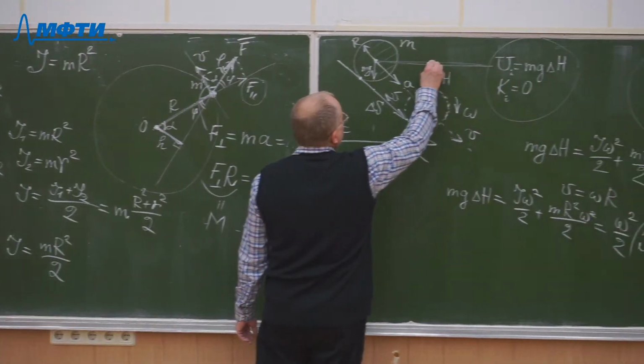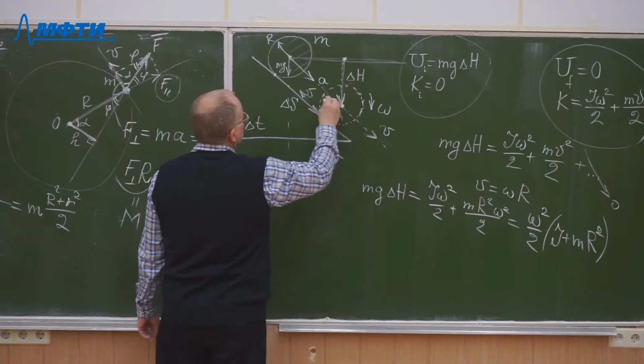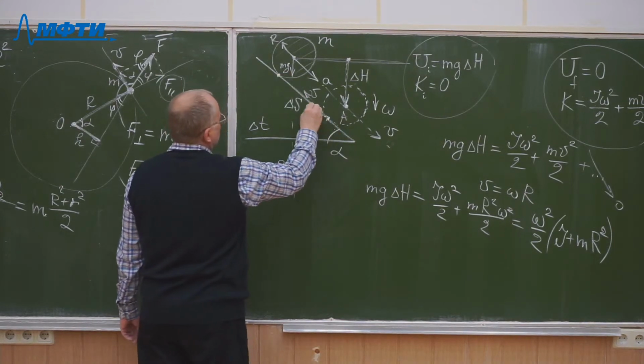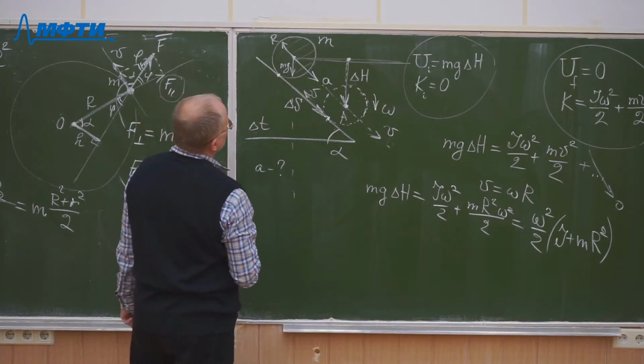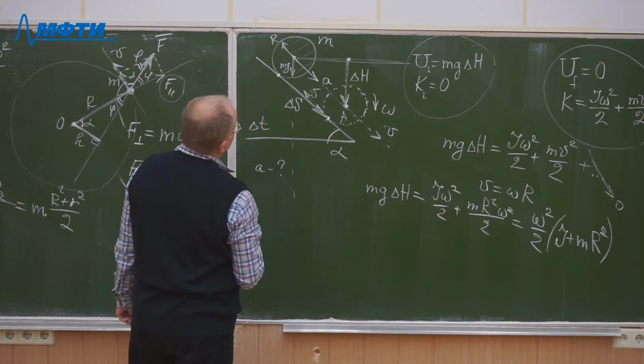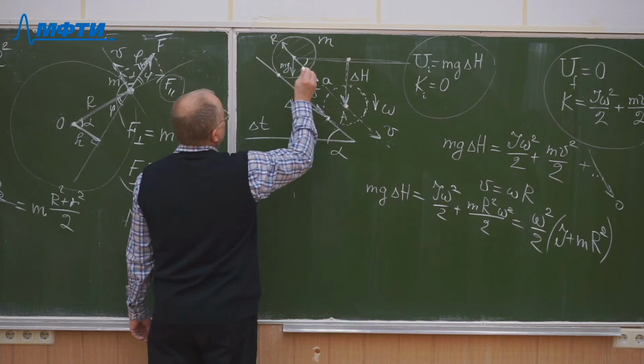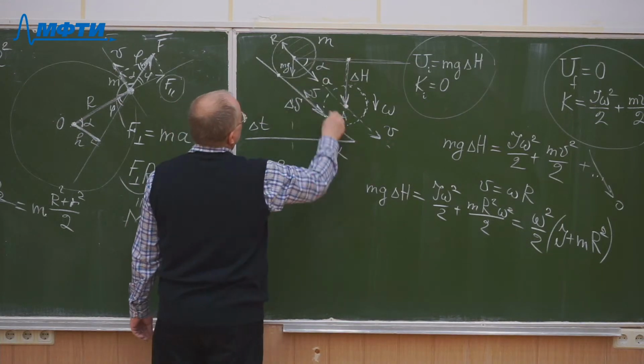Also, if the center of mass went down by delta H, then the point of contact was displaced by delta S. And these two quantities are related in a certain way. This will be the angle alpha, the same as here.